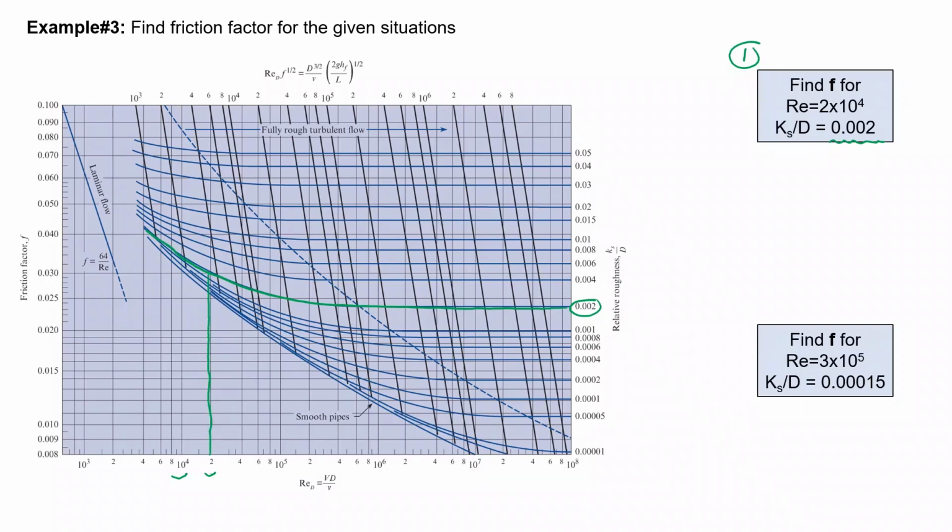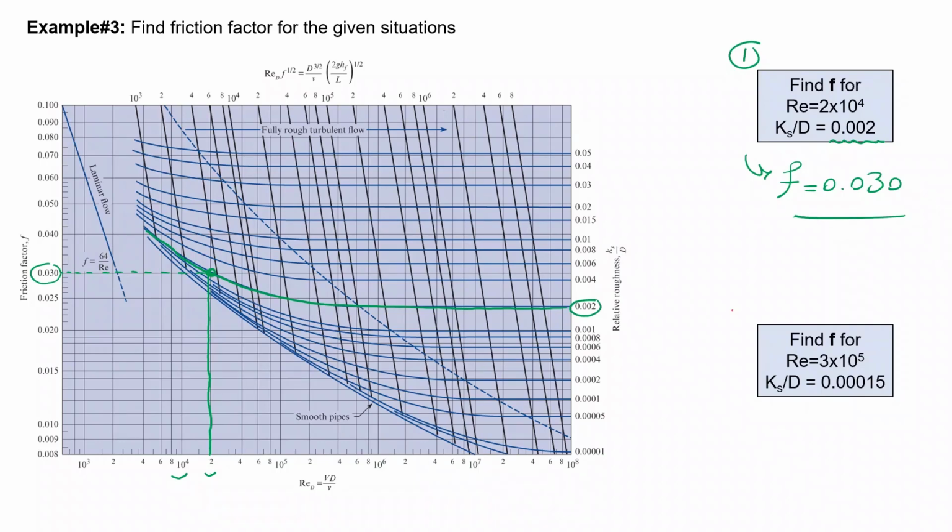It would be over here. So this is the point that I'm looking for. And then extend that to the y-axis to find friction factor associated with that Reynolds number and K sub S over D. So I can now tell that my friction factor is equal to 0.030.